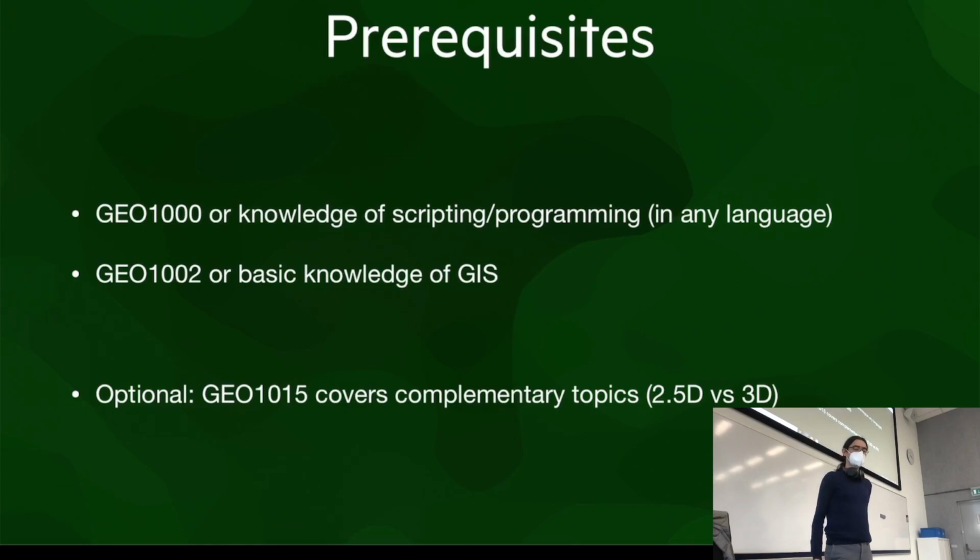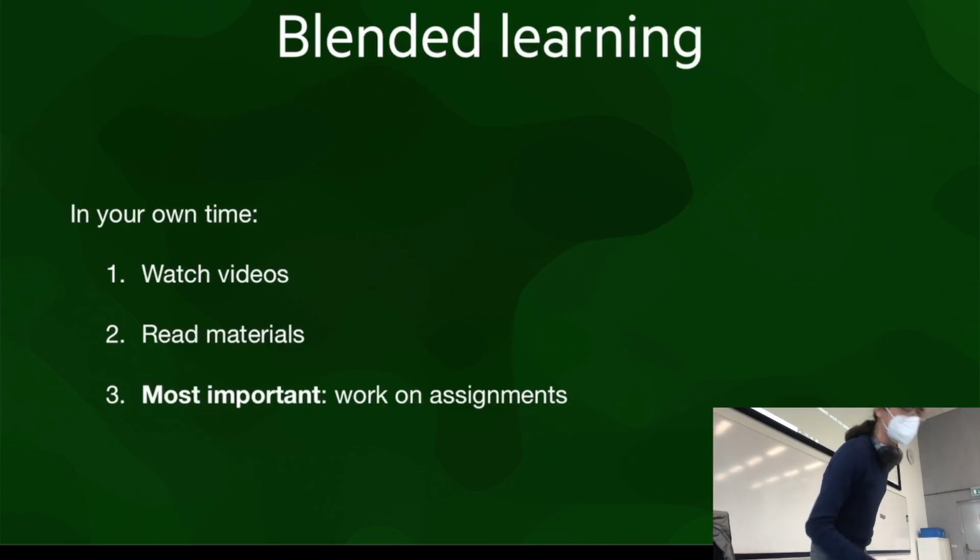The relationship between this course and GEO1015 is that GEO1015, the digital terrain modeling course, does a 2.5D analysis, mostly focused on terrains, where for every point on the ground you have 1 elevation basically, and this is a full 3D course where we focus mostly on how to model objects. So that's not mandatory, but it would be great if you had it already.